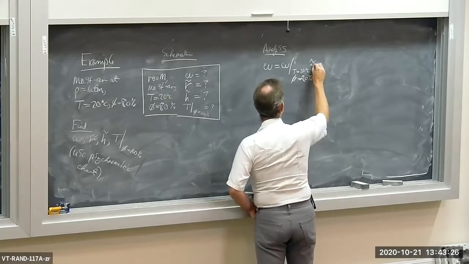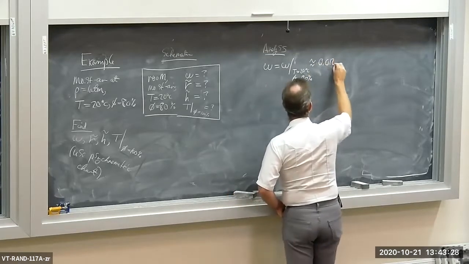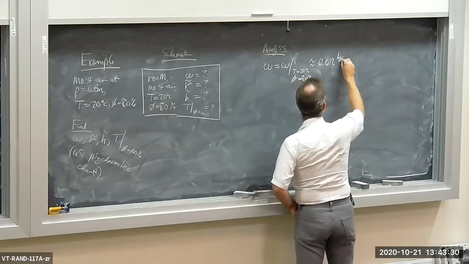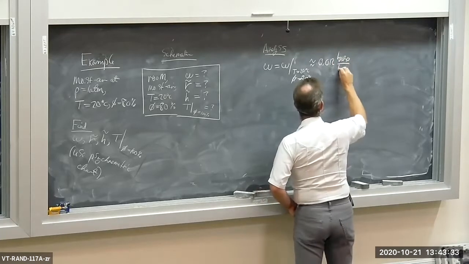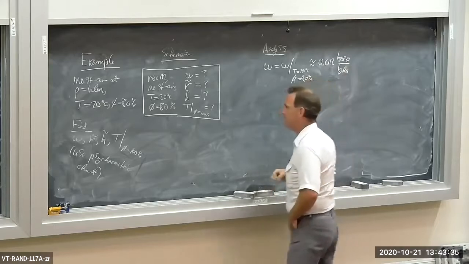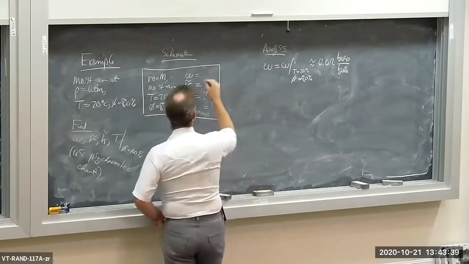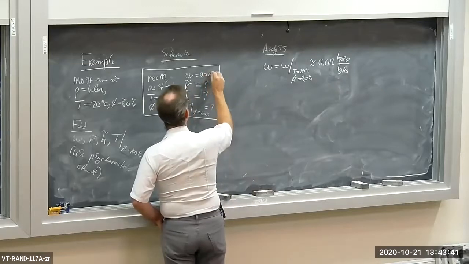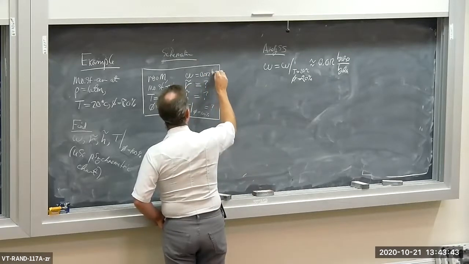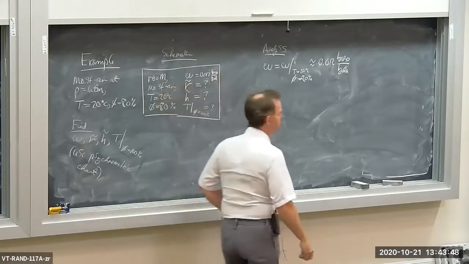And I get approximately 0.012 kilograms of H2O per kilogram of dry air. Okay, so I'm going to write this in here: 0.012 kilogram of H2O per kilogram of dry air in the mixture.